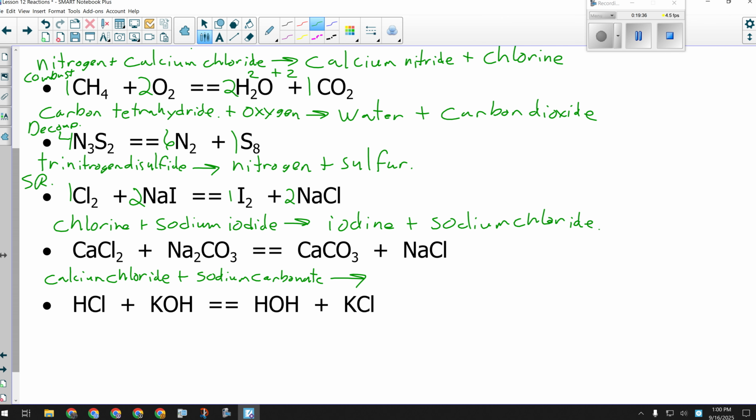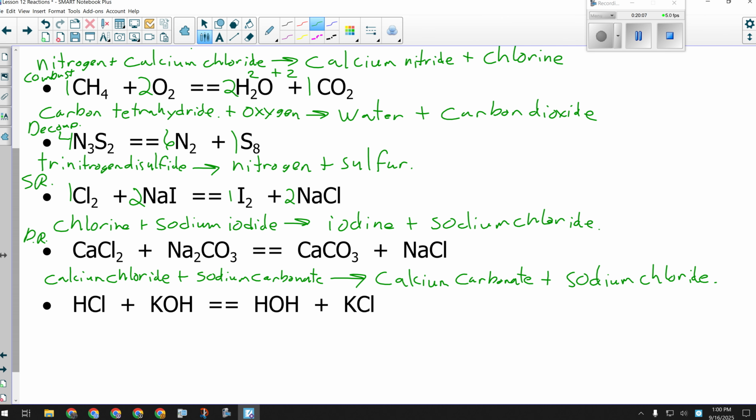Okay, and that is going to form another ionic compound, calcium carbonate, and sodium chloride. Double replacement reaction.